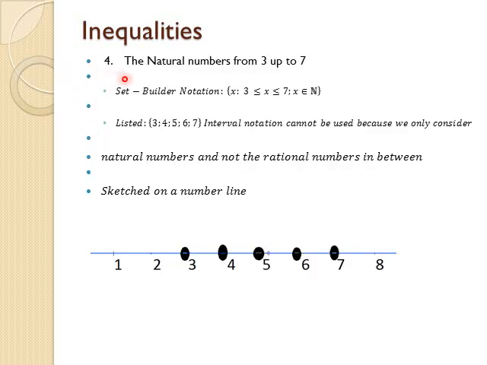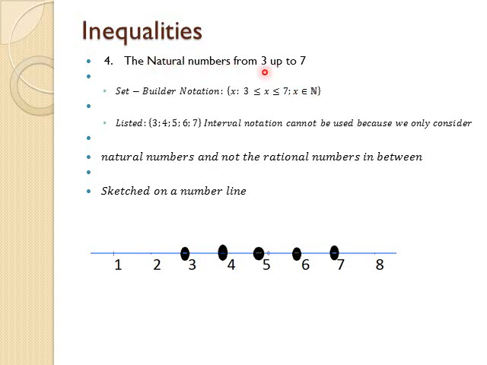Alright, now in problem number 4, we're dealing with natural numbers. We want the natural numbers from 3 up to 7, so we start at 3 and end at 7. In set builder notation, braces or curly brackets, x is such that x is greater or equal to 3 and x is less or equal to 7, and x is an element of natural numbers.